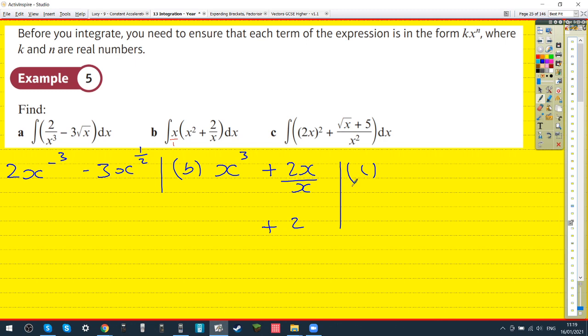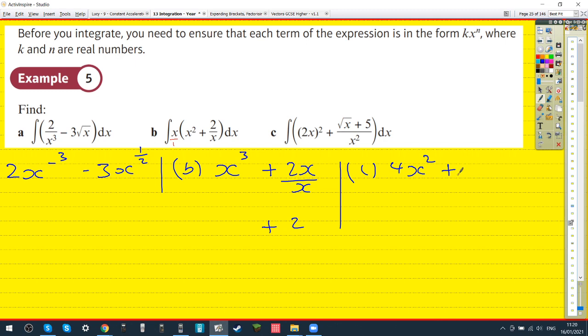For the brackets of 2x, would you get 4x squared? Yeah. Plus minus a half x.